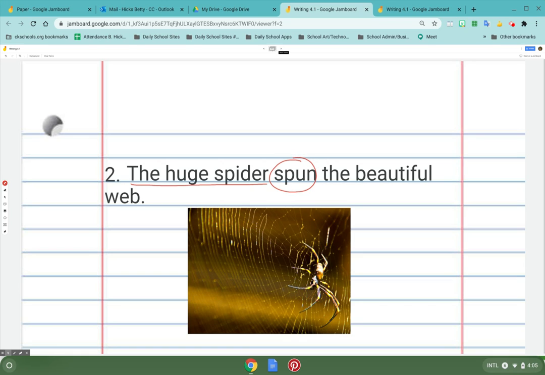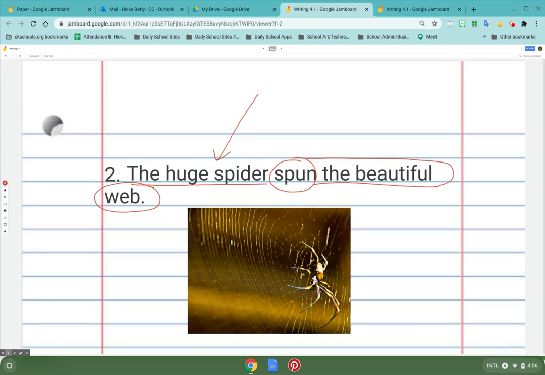All right. Now I ask myself, how do I complete the sentence and make it make sense? And I go, well, what did the spider spin? The spider spun the beautiful web, and that is the predicate. This is the predicate, and that's all the predicate right there. All right, so the huge spider is my subject.